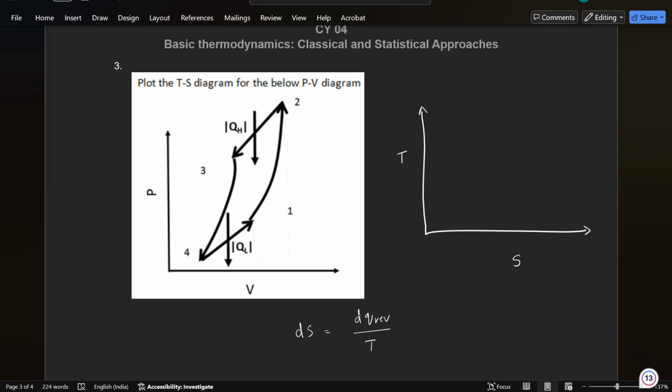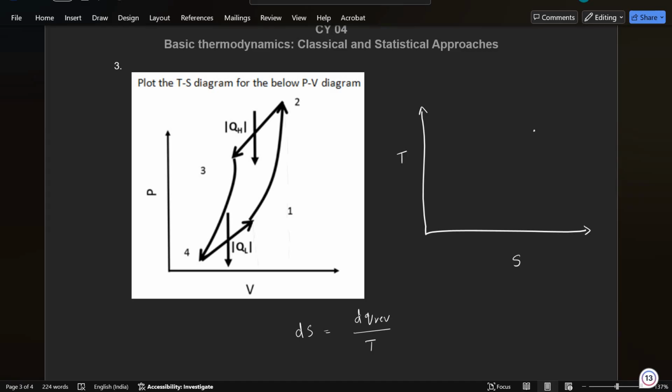Temperature will change, of course. Increase or decrease? Increase. Why should it increase in a no-heat expansion? Sorry, decrease. Sorry, Jyoti, I didn't get you. I mean, there was some block there.